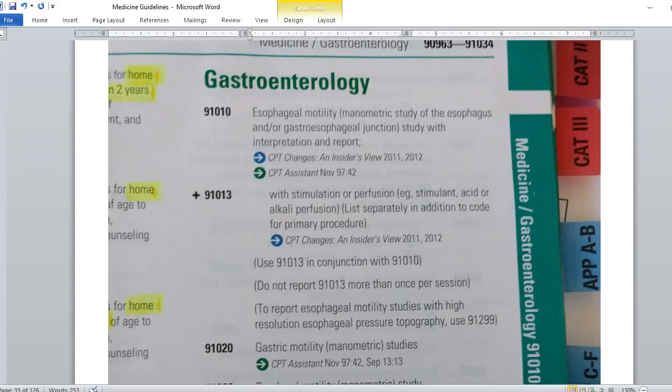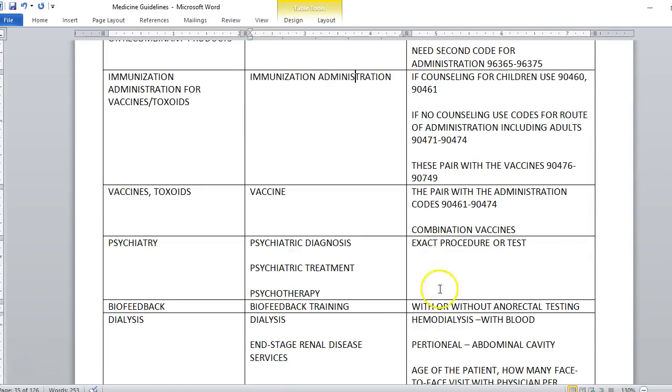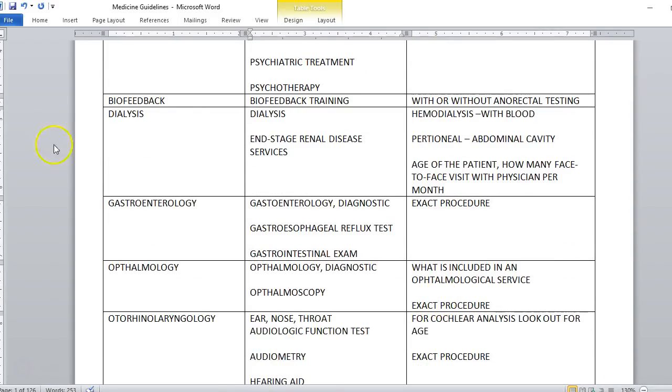Now, let's go back up and look at our document. So again, for biofeedback training, we look under biofeedback training with or without the anorectal testing. For dialysis, we can look under dialysis and end-stage renal disease. Again, hemodialysis or peritoneal, we need to know the age of the patient and how many face-to-face visits with the physician per month.